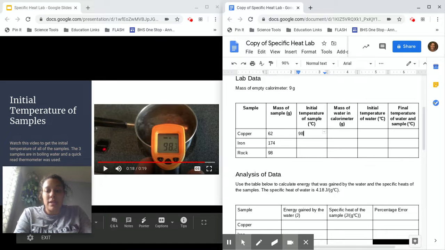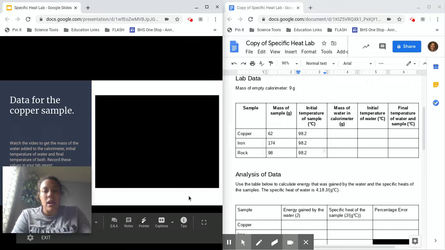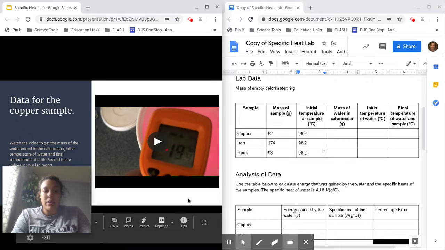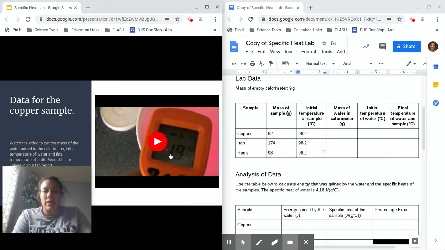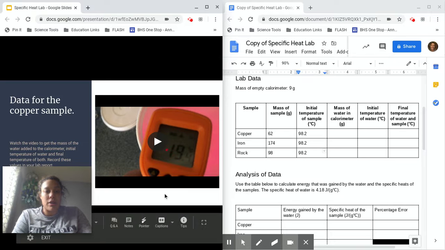So all 3 samples have an initial temperature when heated up in that boiling pot of water to be 98.2 degrees Celsius. All right, moving on. Now I'm just going to focus on copper and use that example, and then you can figure out the rest for iron and rock after that.